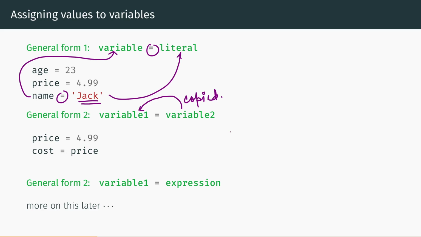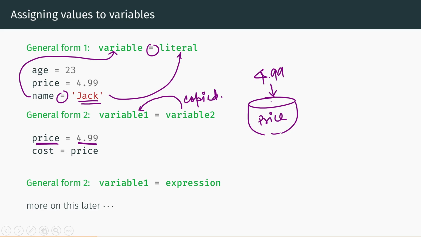Its name is price, and its value is 4.99. So you have a cup called price, and you store 4.99 inside this cup. By the way, this is the first form, the variable equals literal form of assigning values. In the next statement, we say cost equals price.